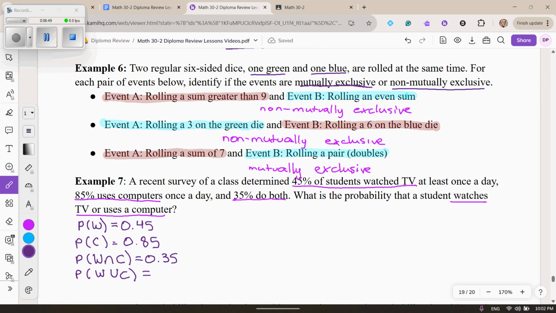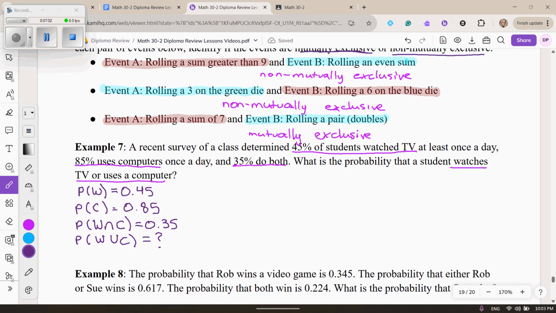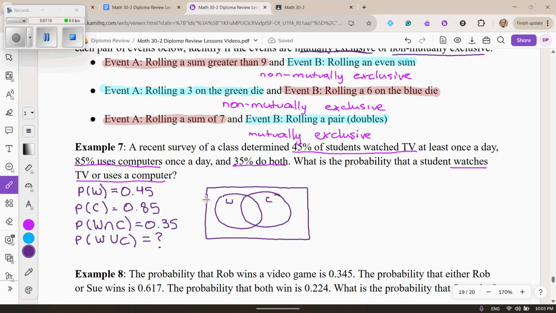There are two ways you could go about this question. You could plug into the formula or you could use a Venn diagram. I'm going to show you both. Let's do the Venn diagram first. We've got watch TV, play on the computer. As before, we start with the inside of our Venn diagram.